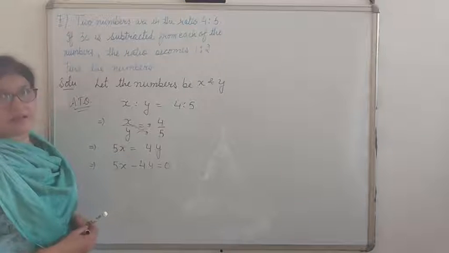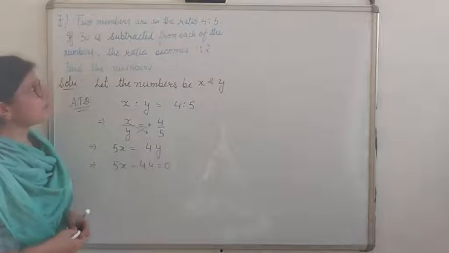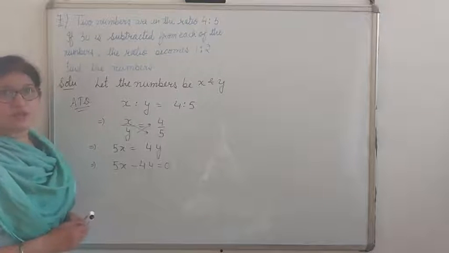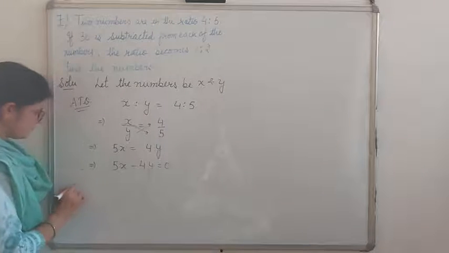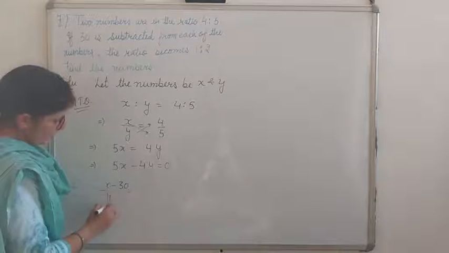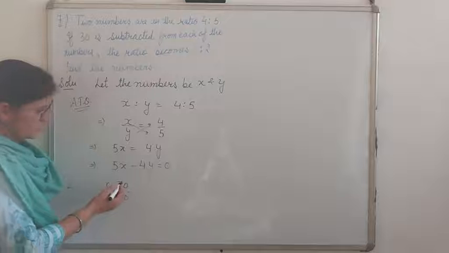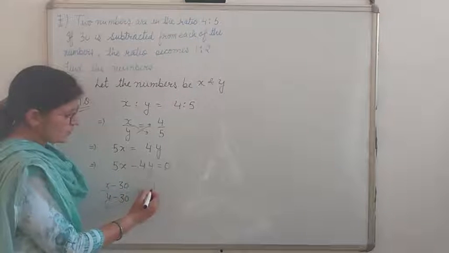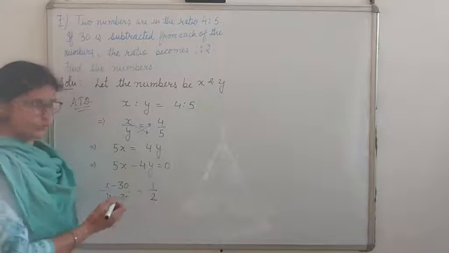What is the second condition? They said if 30 is subtracted from each of the numbers, then the ratio becomes 1:2. So x minus 30 over y minus 30, since we subtract 30 from each number, and the ratio is 1:2, that means 1/2.